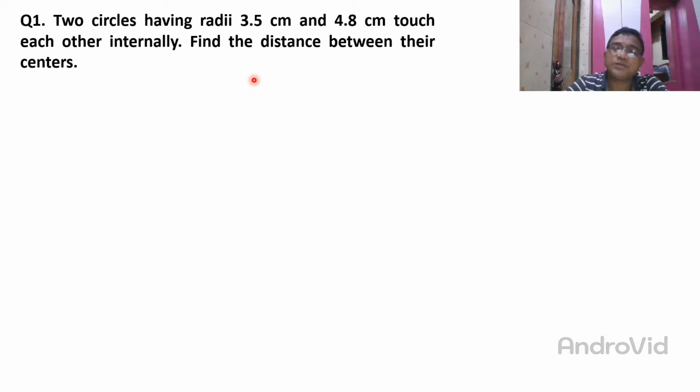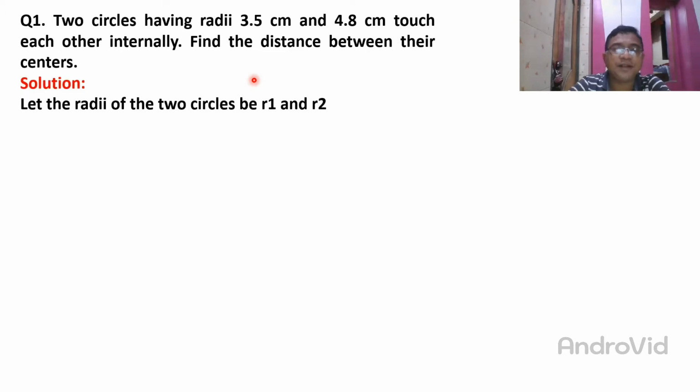So remember students, when the circles touch internally to each other, then there is a subtraction of radius, meaning the bigger radius minus the smaller radius. So here we can see they are internally touched. The radius of the first circle is R1 and the radius of the second circle is R2.